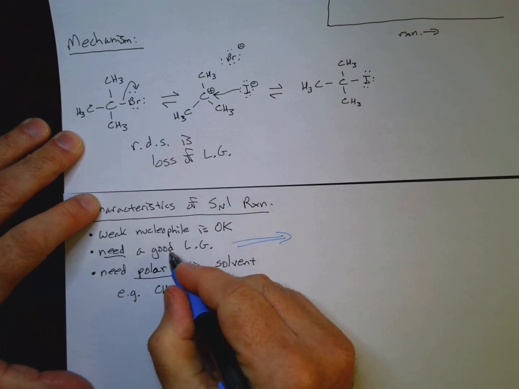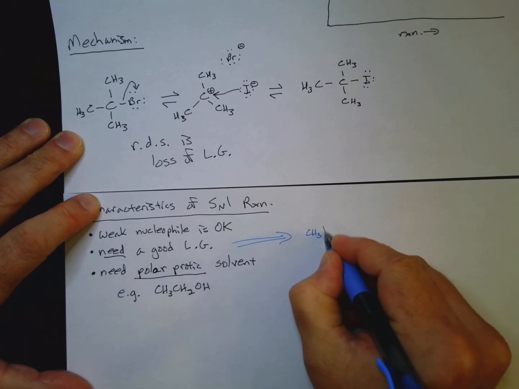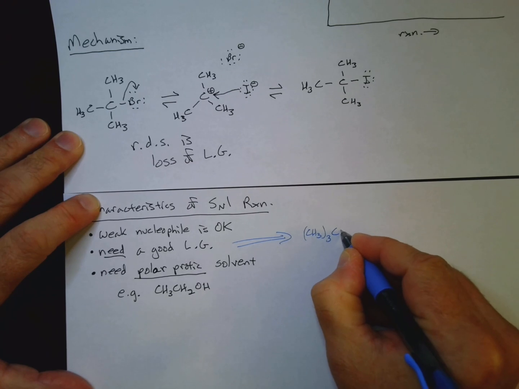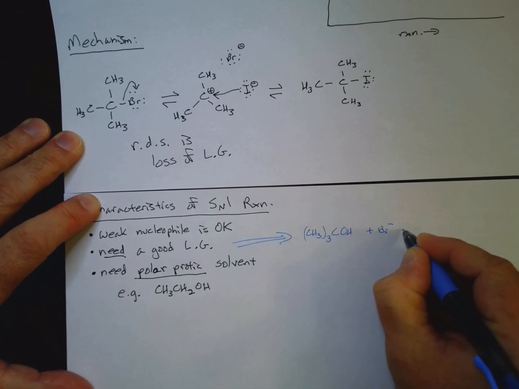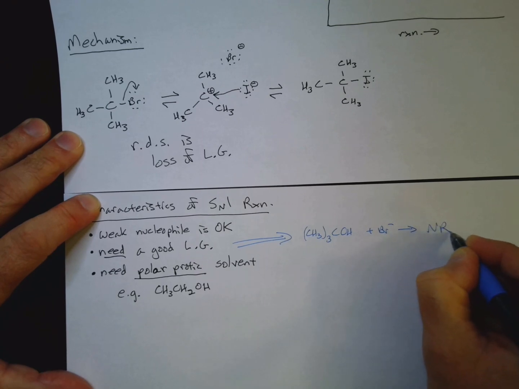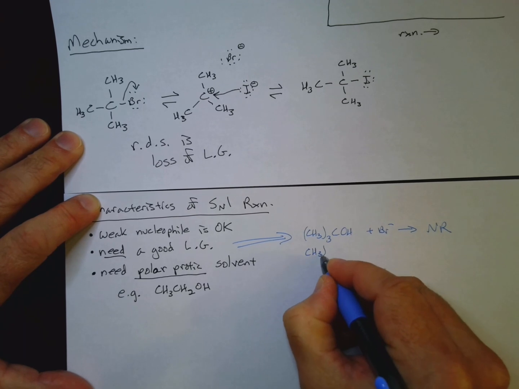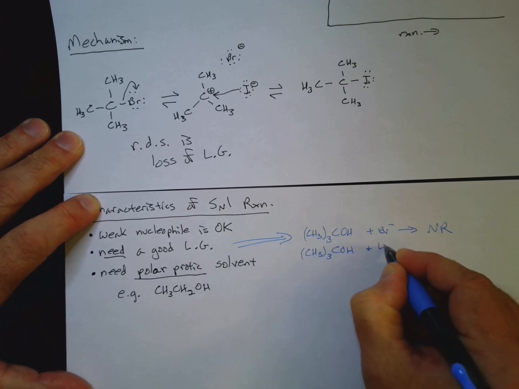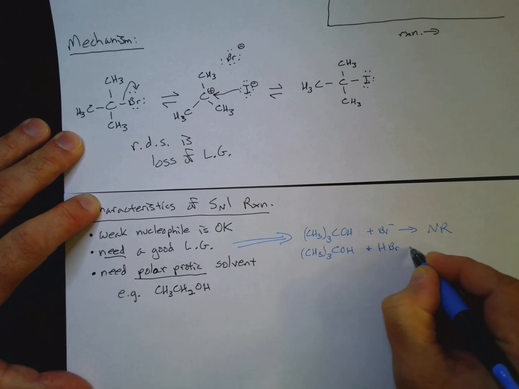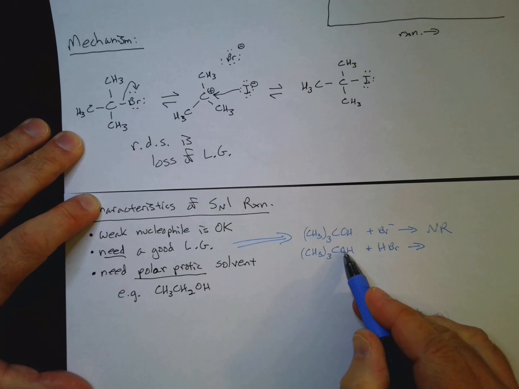So looking at the good leaving group here, if I had (CH3)3COH plus Br minus, that would give me no reaction. But if I had (CH3)3COH plus HBr, my H can protonate that oxygen, and now I'll get a good leaving group.